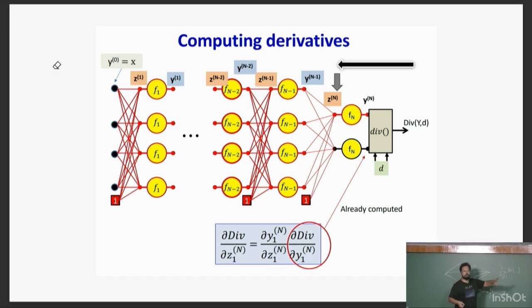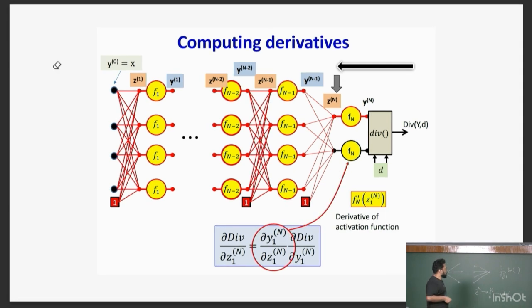After taking the derivative, it will be some expression in yn1 and the desired output d, but d is already given to me. So basically everything is known here. Even if yn2 is present somehow, that is also known to me after doing the derivative. So this I already computed. And if the loss function is simple, this calculation will be simple, because the derivative will be a simple expression, and then I can just substitute the values.